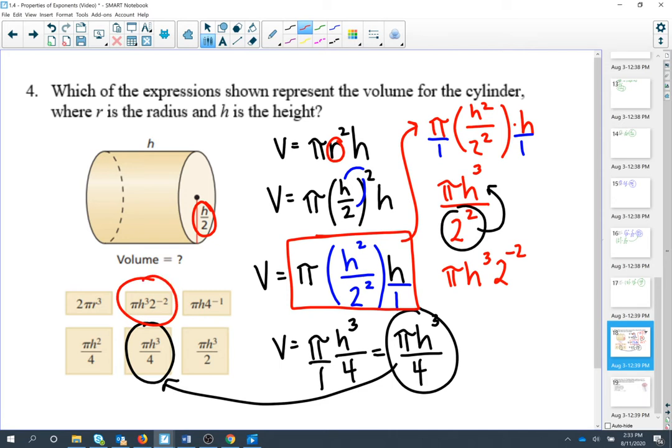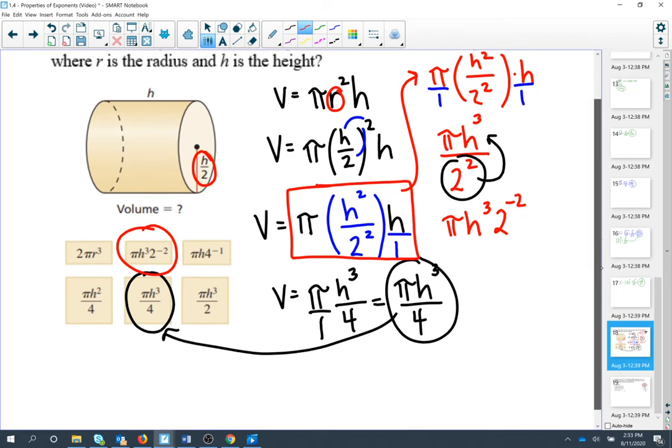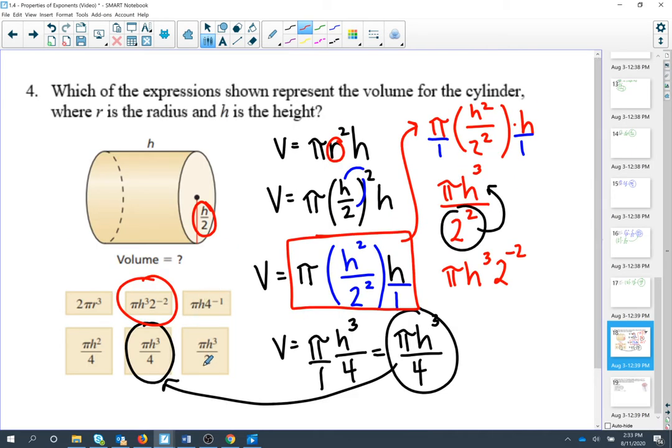Now, at this point, I happen to know that there is another answer, and we need to find it. So now I'm thinking, okay, I don't think it's this one because we already have 4 in the denominator, and I'm not really sure. I mean, if we've got pi h cubed divided by 2, but we know pi h cubed, I really don't think it's this guy.